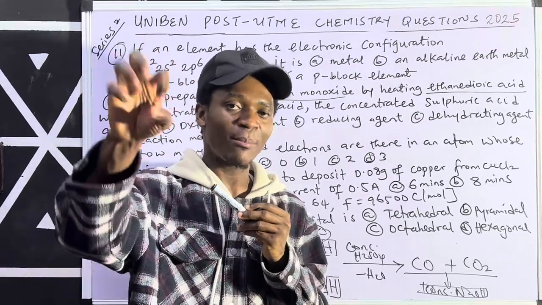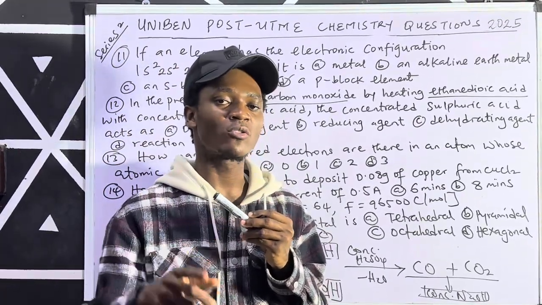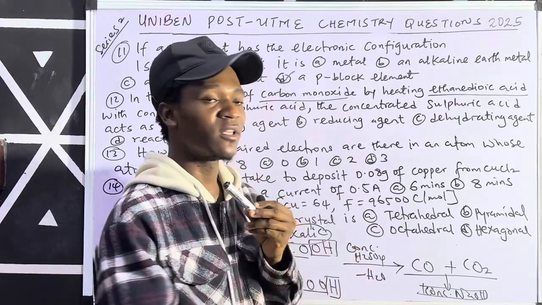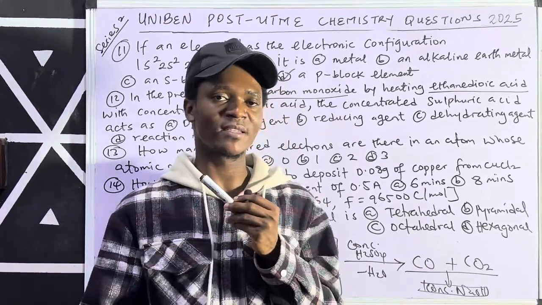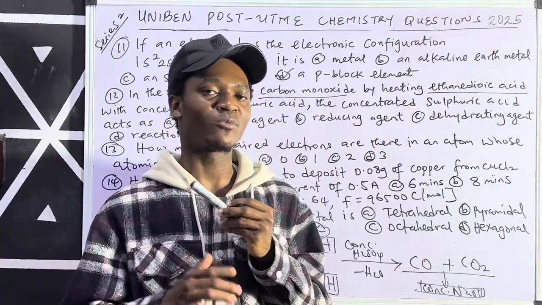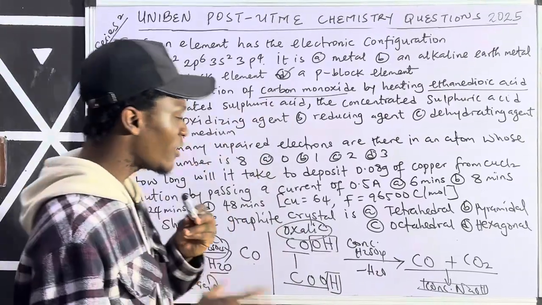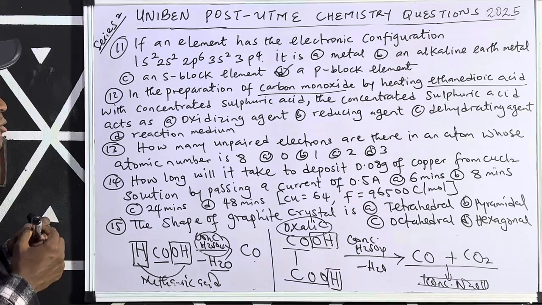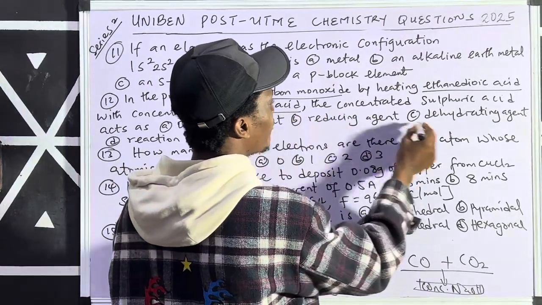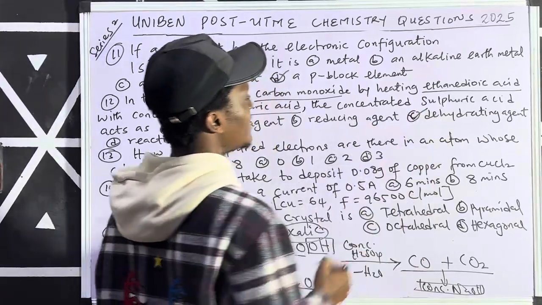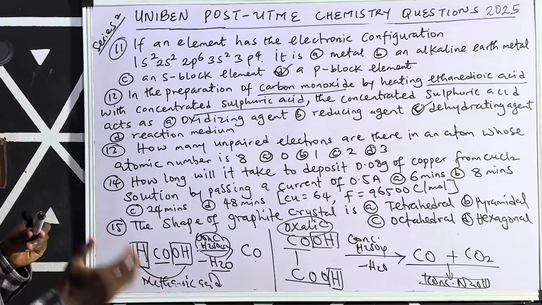So it tends to trap CO2 from a mixture of gases. Then you've successfully removed that CO2. When you have passed the gases through that, then of course you'd be left with your CO. So what is the answer to the question from my explanation? The concentrated sulfuric acid functions as what? The dehydrating agent. So that's the answer to the question.